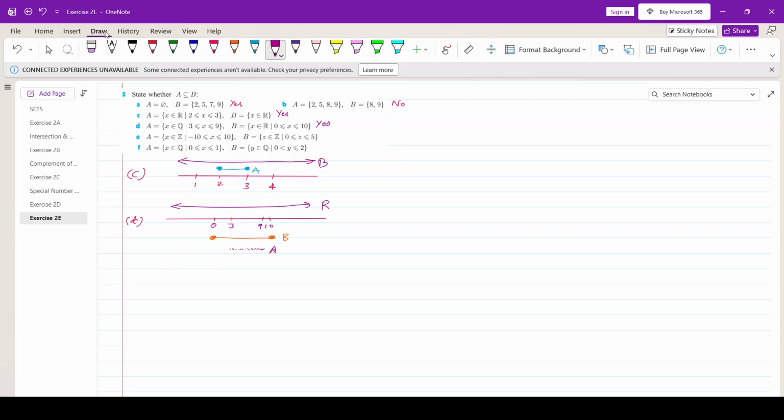Part E says A is a set of all integers such that those integers are between -10 and 10. Set A will be this set.